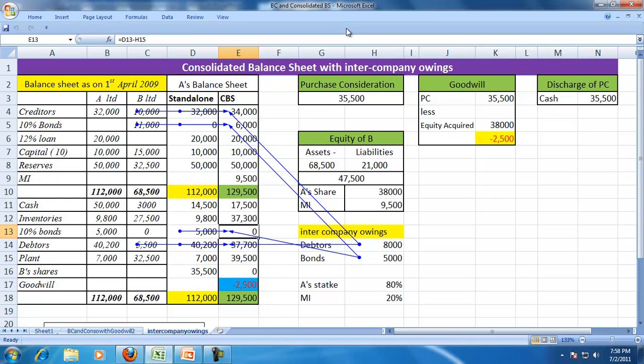So this is the effect of the principle of the consolidated balance sheet given in the accounting standard, that intercompany owings should be eliminated while preparing the consolidated balance sheet, because it is the balance sheet of a combined reporting entity. So these items which are due to or due from each other should be eliminated.